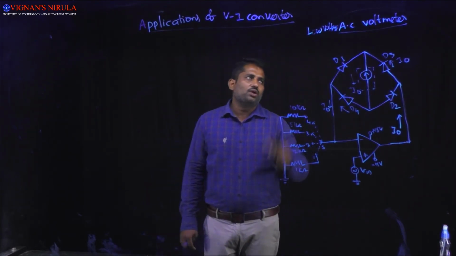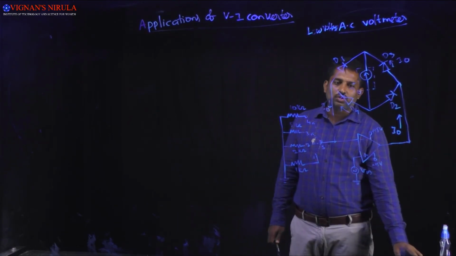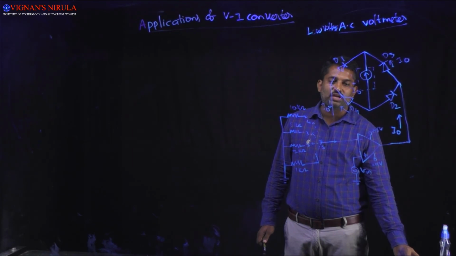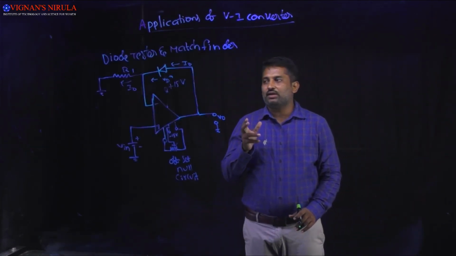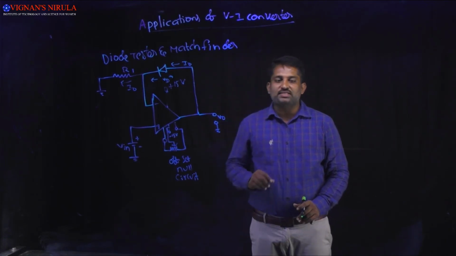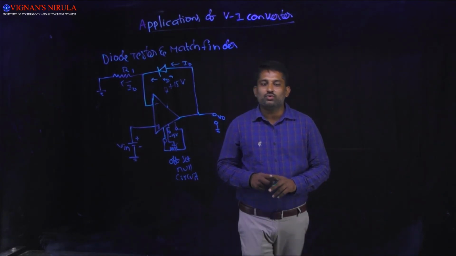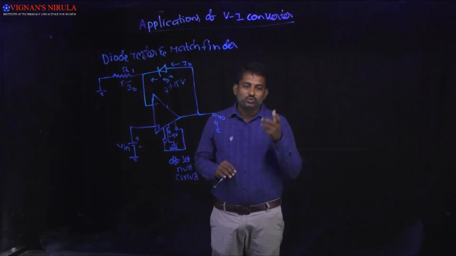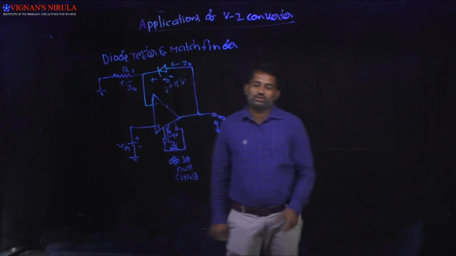That's it for the low voltage AC voltmeter, and we will also see some more applications for the voltage to current converter. V to I converter will also be used as a diode tester and match finder. How can you use it as a diode tester and match finder is, you just replace the load resistance with the diode.